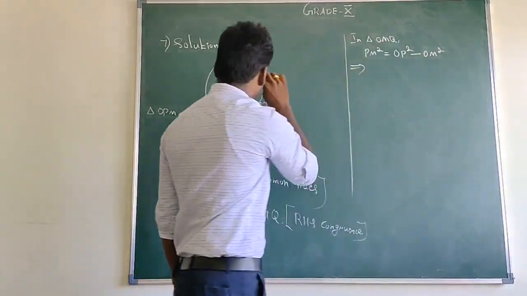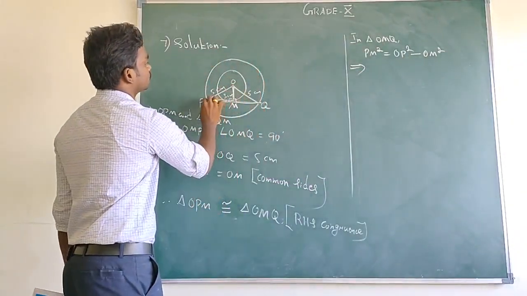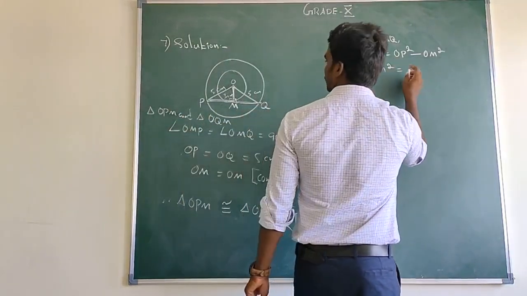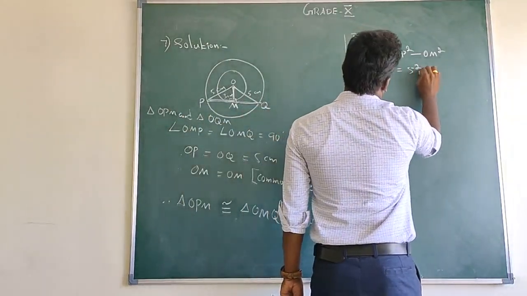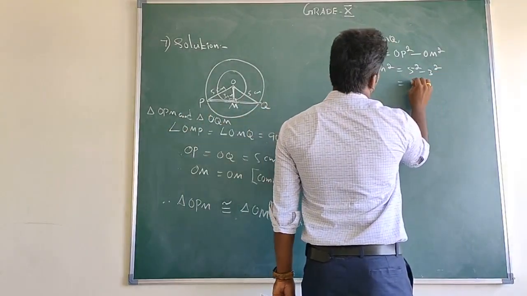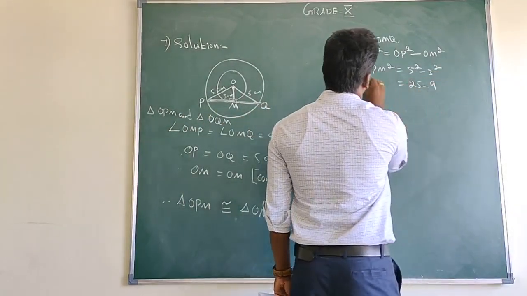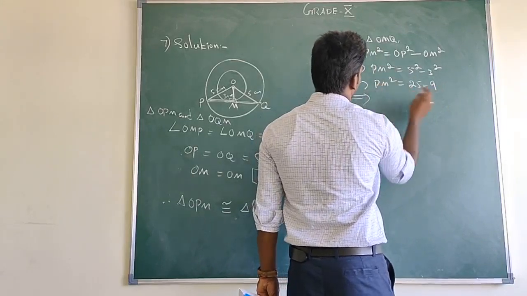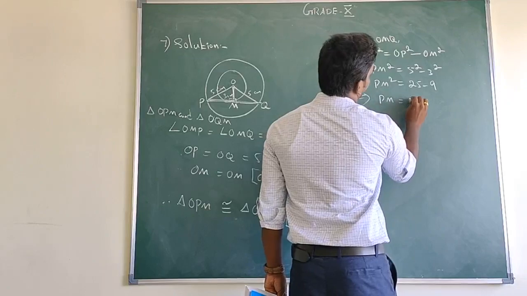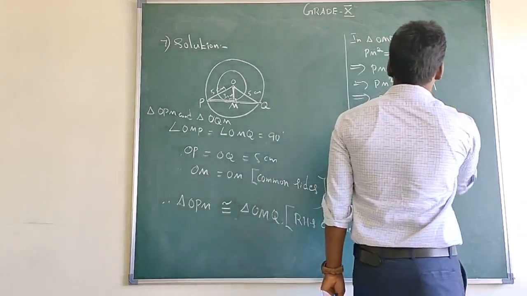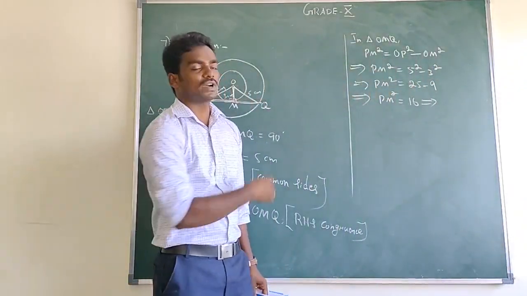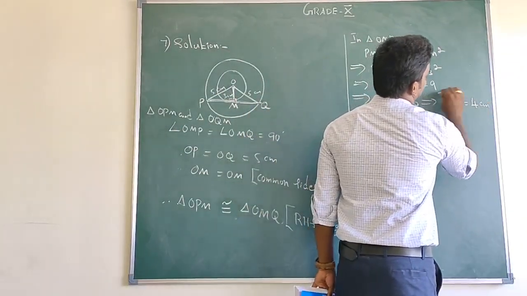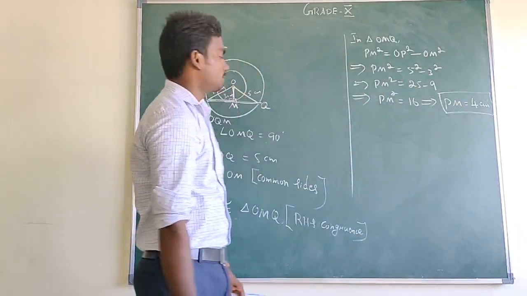PM square is equal to 5 square minus 3 square, which is 25 minus 9. What is the value of 25 minus 9? 16. So PM square is 16, which means PM is equal to 4 centimeters.